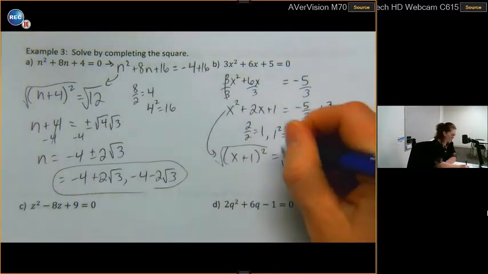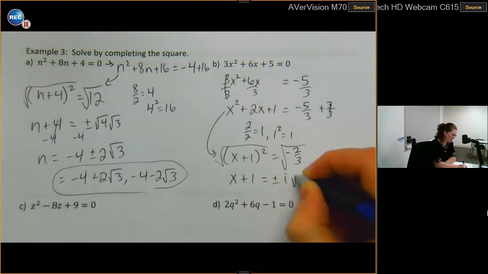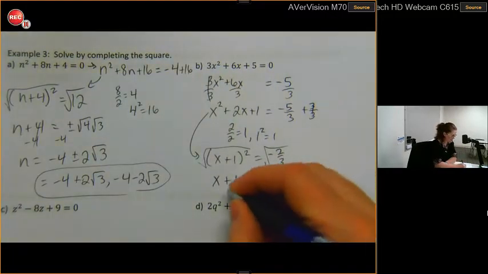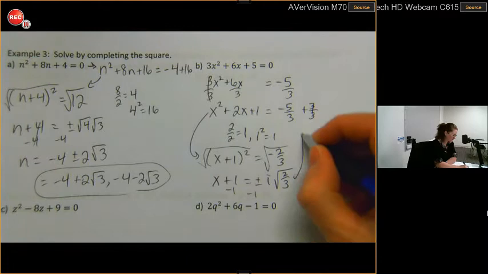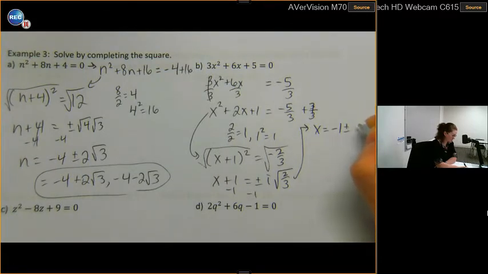Square root. So we have x plus 1 equals plus or minus i times the square root of 2/3. So then I have to subtract the 1.